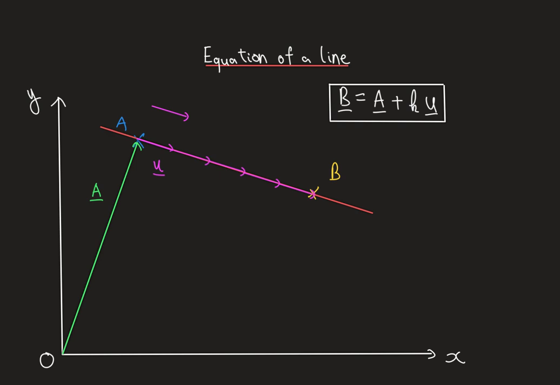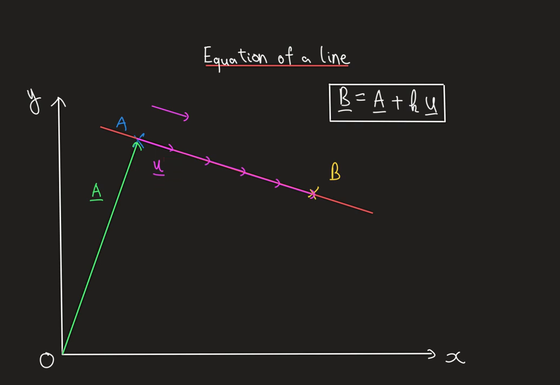Therefore, mathematically speaking, a line passing through A is the set of all points, which we call B, such that the vector AB, so the vector given by points A and B, is parallel to our direction vector u.